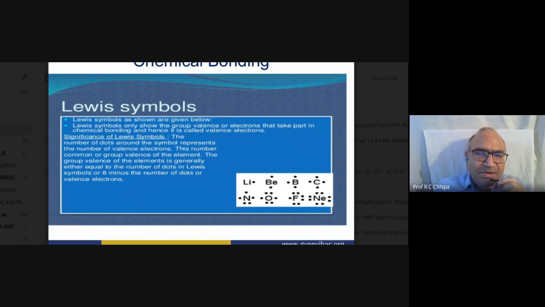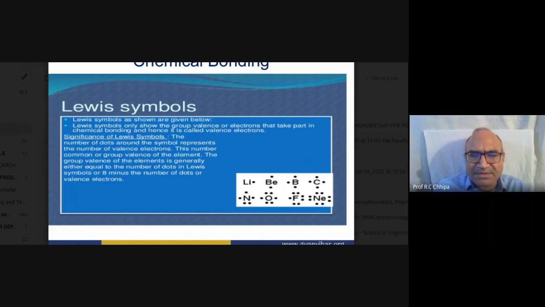Before going to chemical bonding, we have to see the Lewis symbols. Lewis symbols represent the outermost electrons in the form of dots.